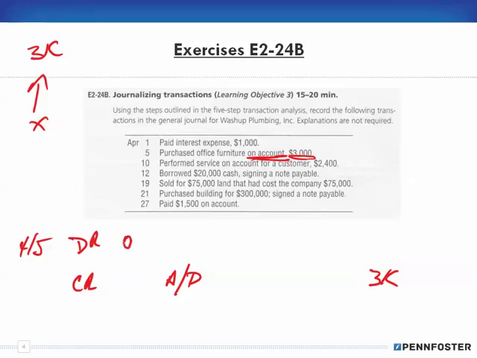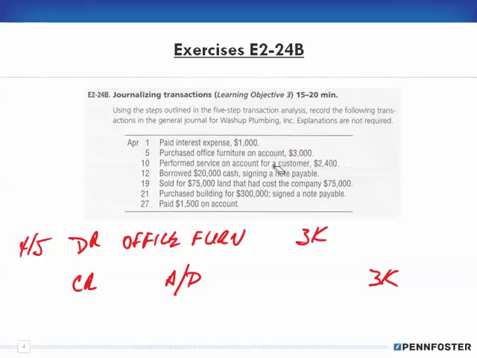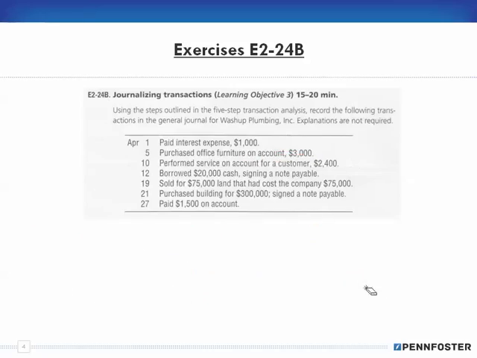I'm purchasing office furniture for $3,000. Okay, so that's that entry. If you have any questions, like I said, go back and watch the theory videos or the introductory videos, introduction to accounting and bookkeeping videos. And then if you still don't understand something, feel free to call and speak with an instructor.